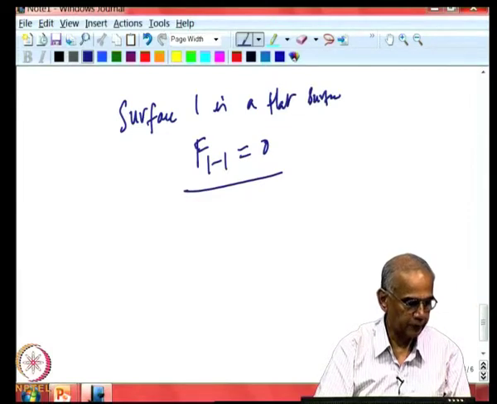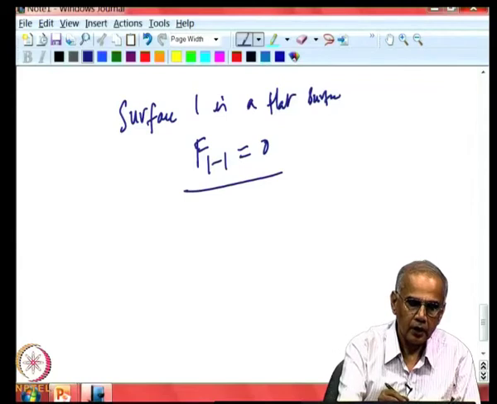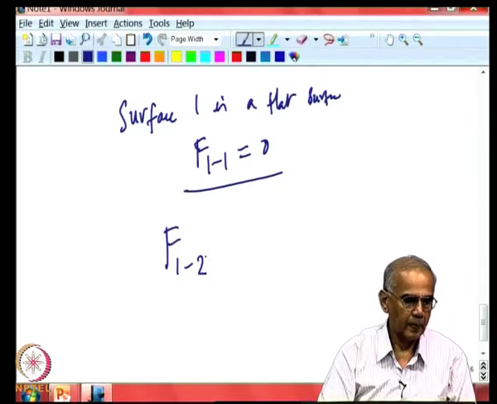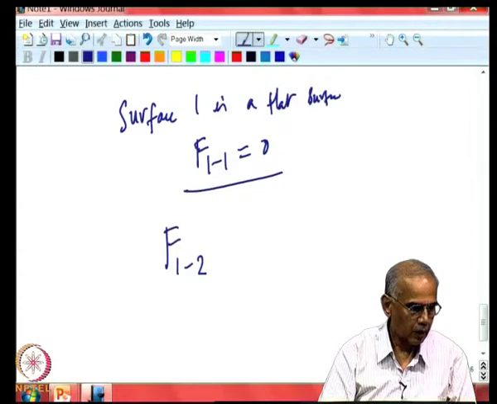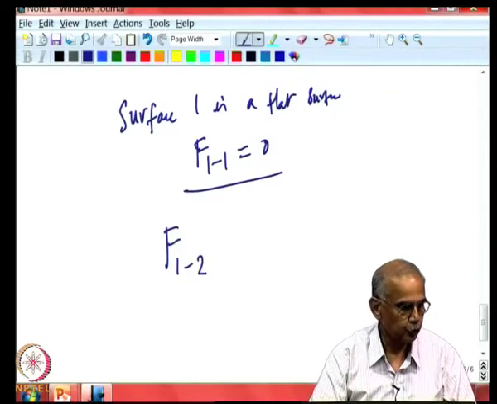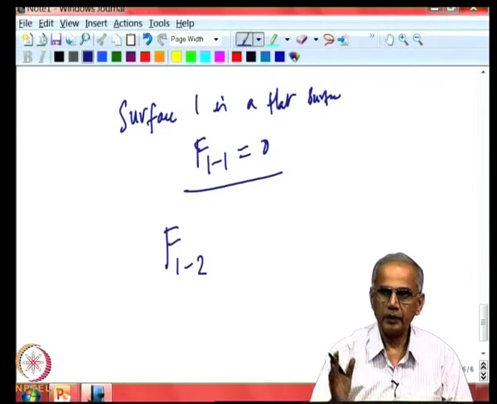We want to incorporate, in addition to radiation leaving 1 and reaching 2 directly, that radiation leaving 1 and reaching 2 can also reach 1 by other means, okay, and that is by specular reflection.